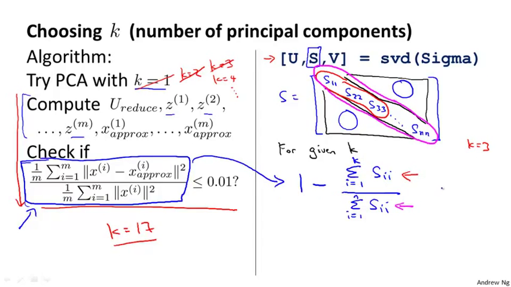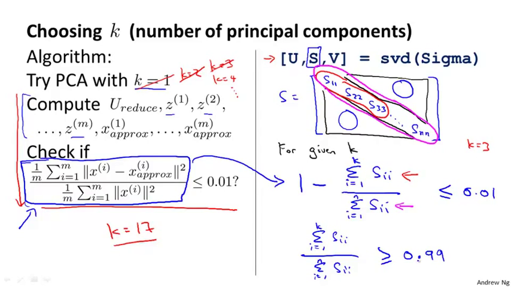And so what we can do is just test if this is less than or equal to 0.01, or equivalently, test if the sum from i equals 1 through k of Sii divided by the sum from i equals 1 through n of Sii is greater than or equal to 0.99, if you want to make sure that 99% of the variance is retained.